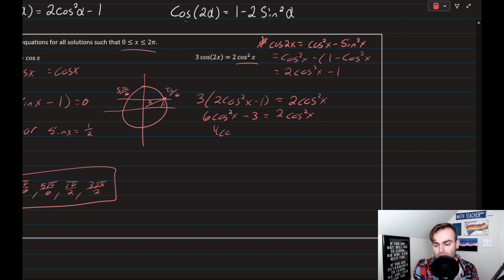So we have 4 cosine squared is equal to 3. So cosine squared is equal to 3/4. And finally, we're getting there. Cosine is equal to root 3 over 2. Where does that happen? Oh, not just root 3 over 2, positive or negative root 3 over 2.